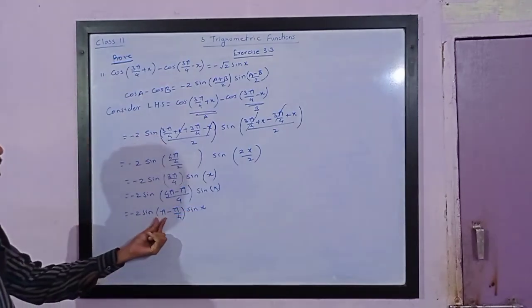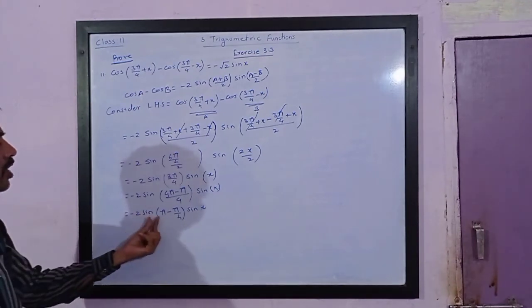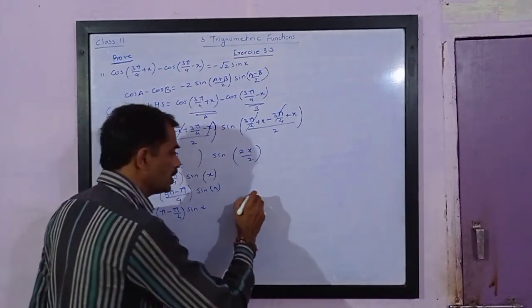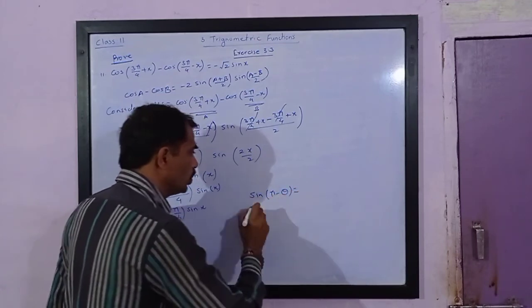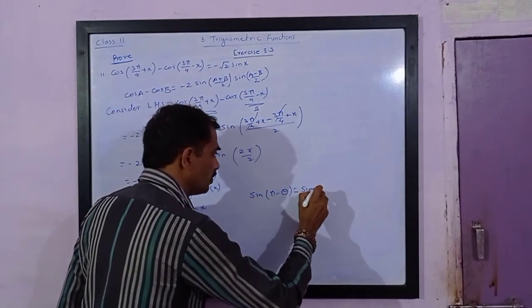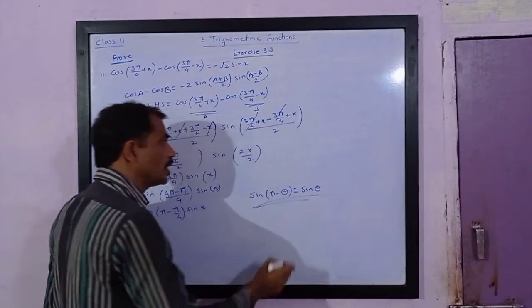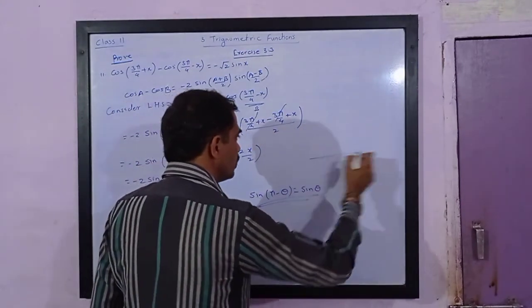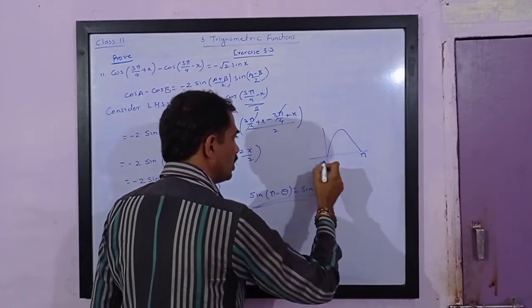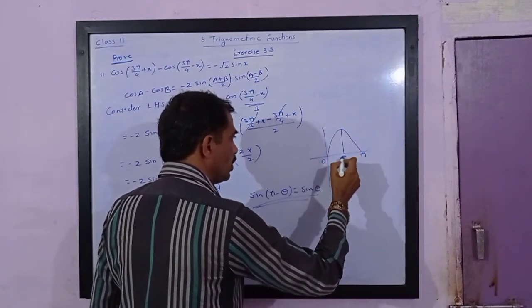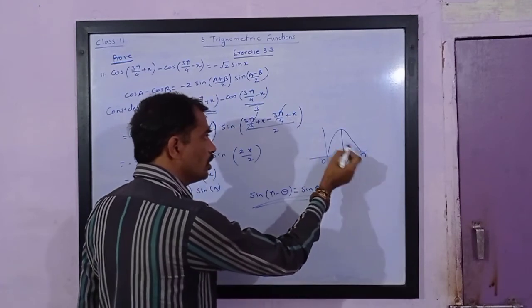Now here we are going to use the identity for sine of pi minus theta. Sine of pi minus theta is equal to sine theta itself. This I have told you, you can remember from the sine curve. This is 0, this is pi by 2, this is pi.